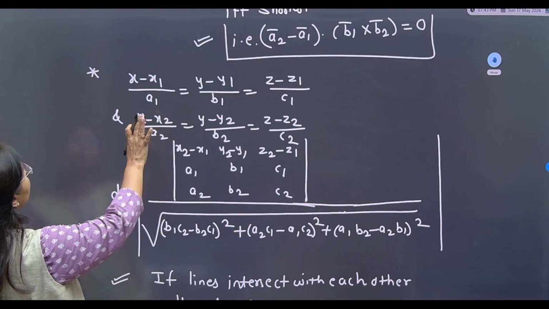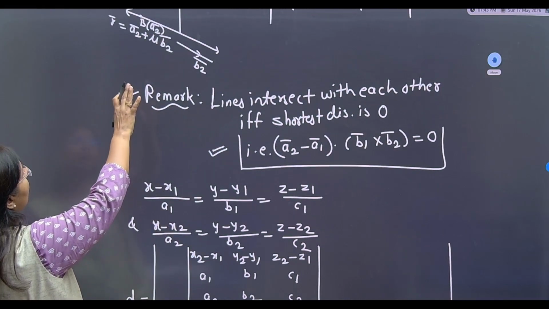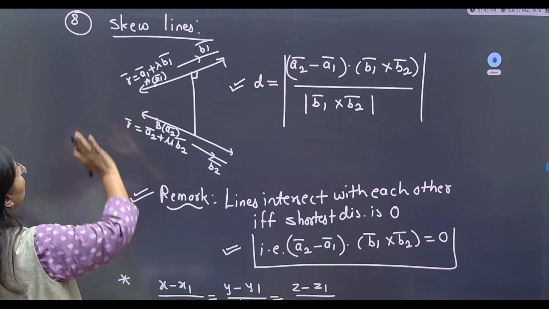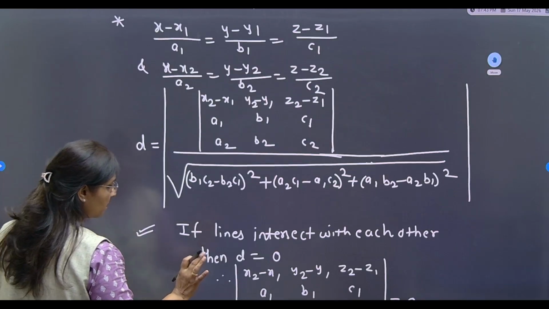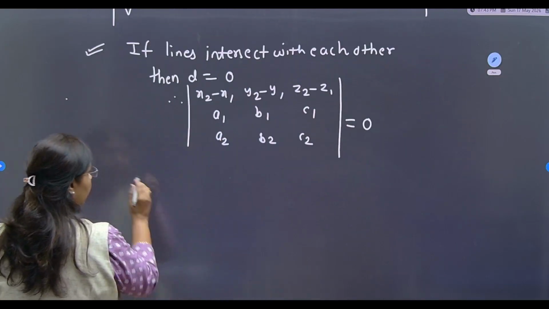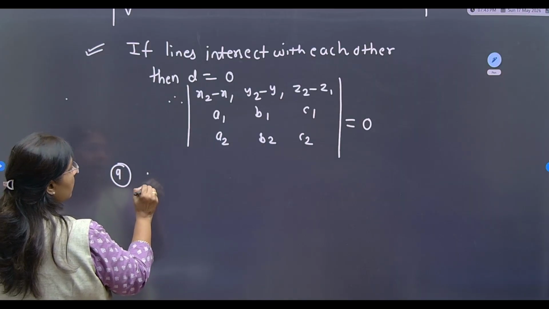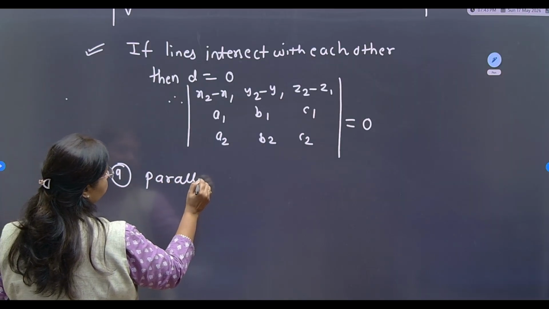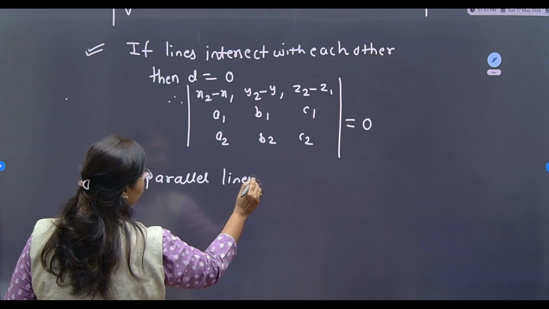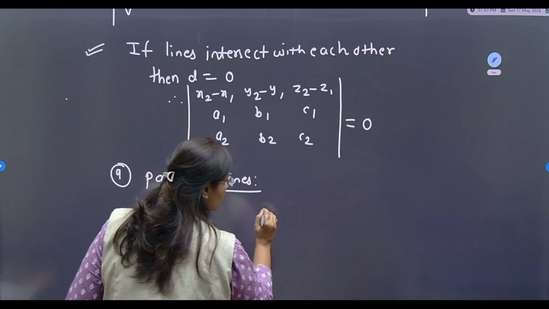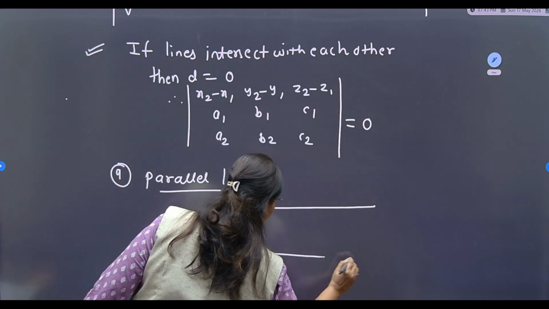Okay, most important point. Then next, after skew lines, number 9, parallel lines. This is the first line and this is the second line.